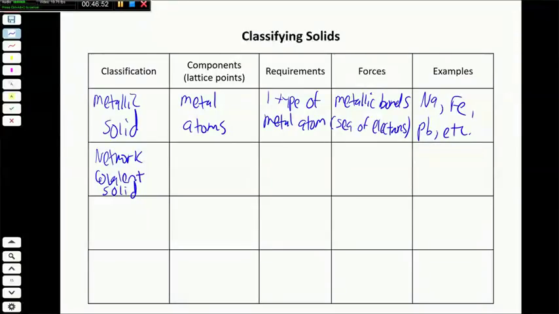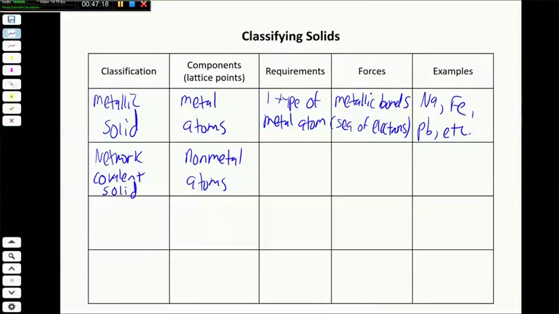Others are network covalent compounds, which means they have two different elements in them. Now, because the word covalent appears, we should recognize that these are going to be composed of nonmetal atoms. We talked way earlier in the course, when we talked about covalent bonds, that it's nonmetals that form covalent bonds with each other. So if you're going to have a network covalent solid, you would have nonmetal atoms that are part of that solid.